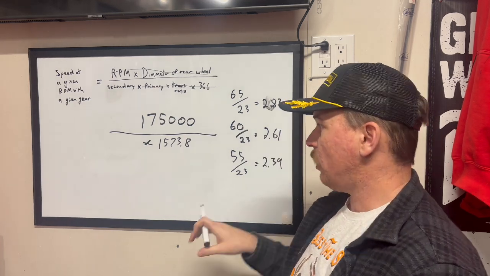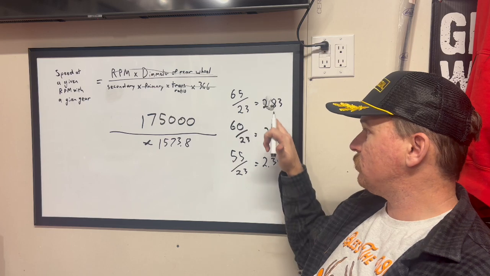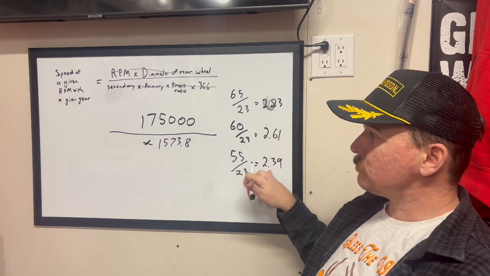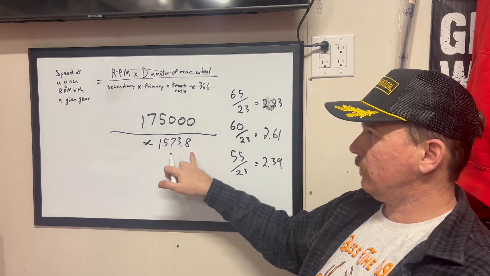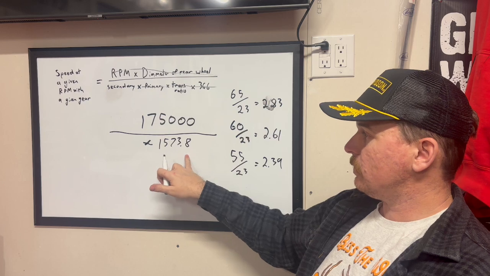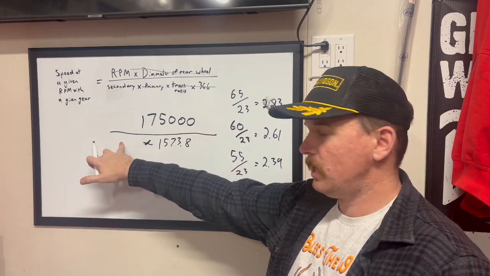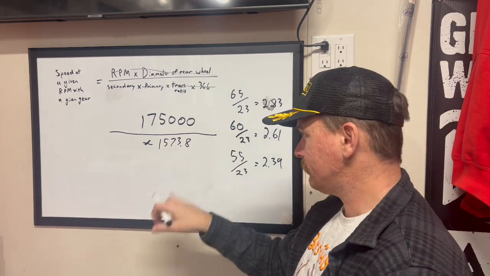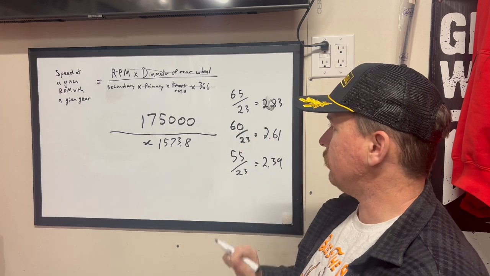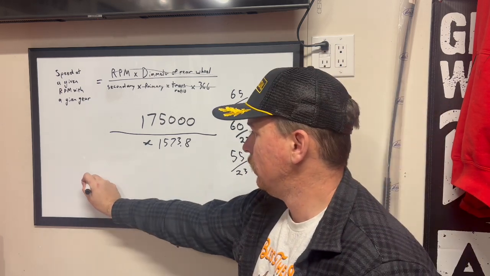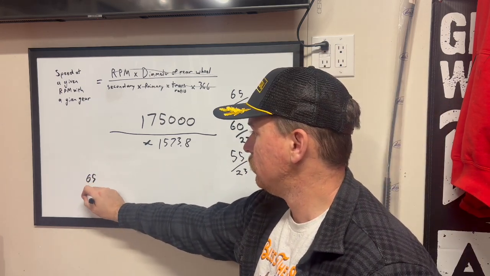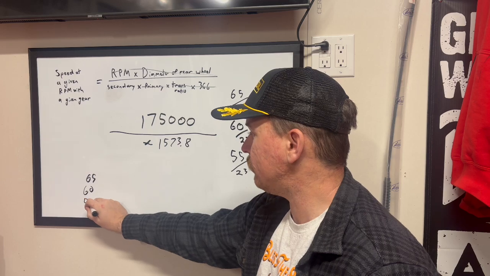Now we're going to use these 3 factors, multiplied by the number we calculated earlier, and that gives us our denominator. We'll label them 65, 60, 55.